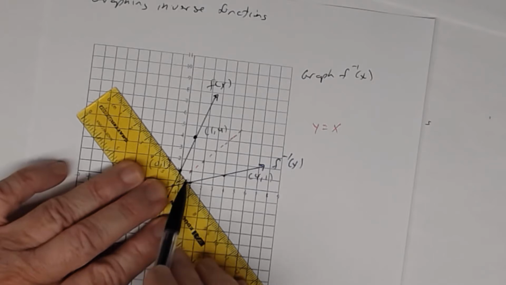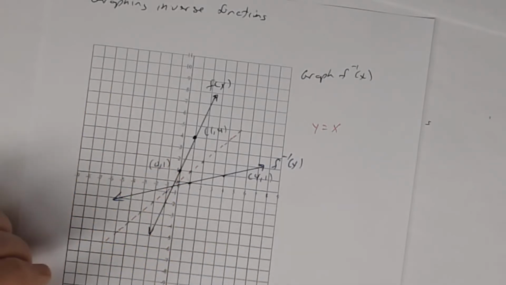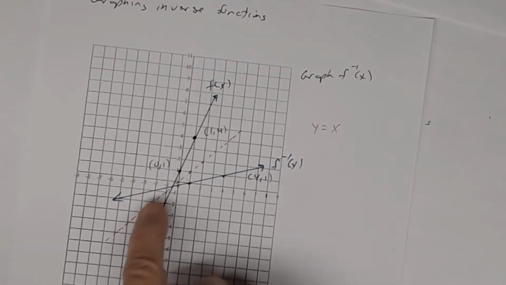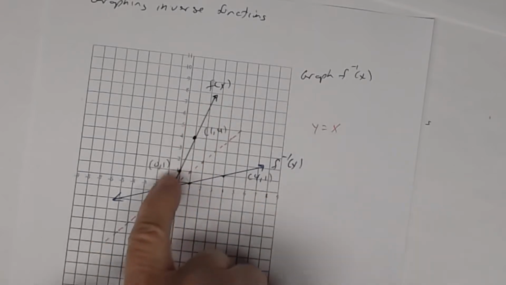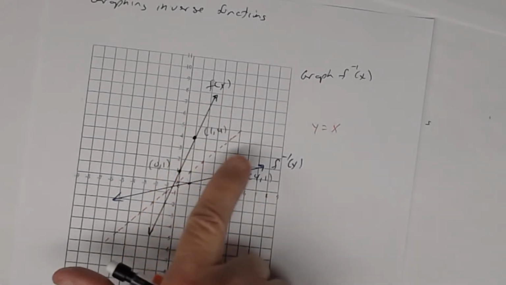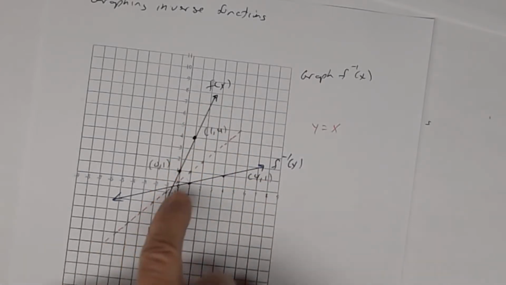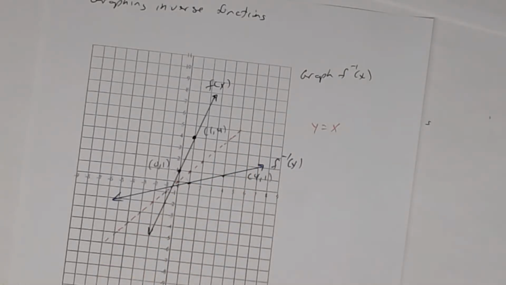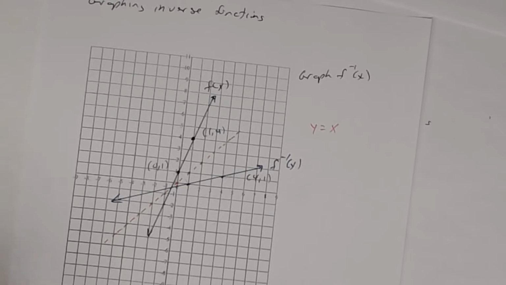When you draw that segment, it will be perpendicular to this dotted line. And so that is the graph. That's the inverse, so notice it's pretty easy. You just find some points on the original function, interchange the coordinates, and then use y equal x to help you make it look symmetrical. All right, so that's the first one. Let's get the second one.